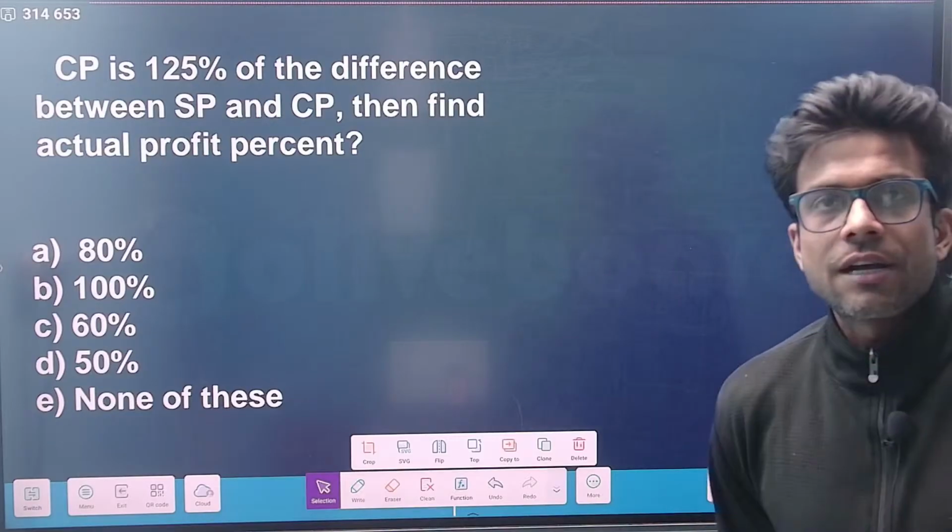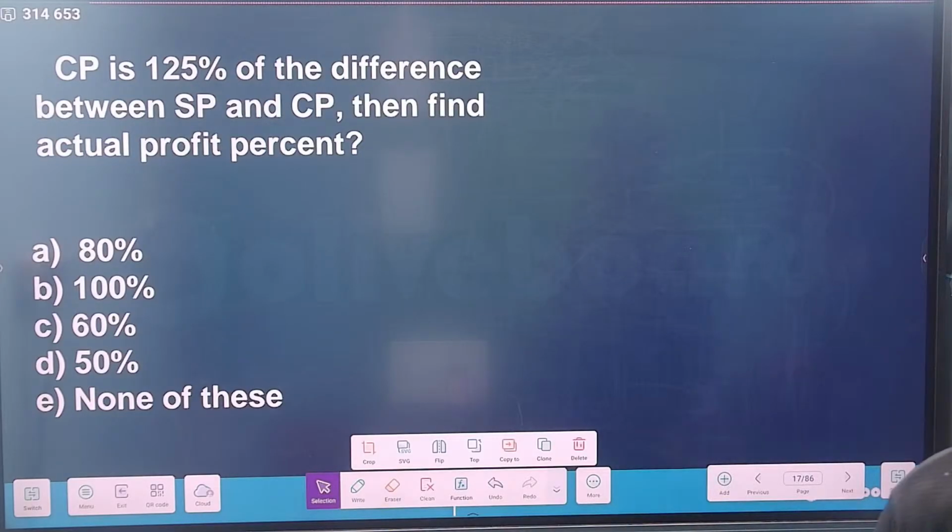They're asking the actual profit percentage. Come on, solving, everyone. Can you solve this? I'm just waiting for a reply.